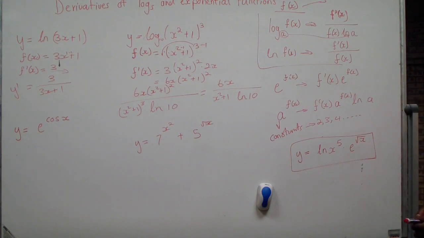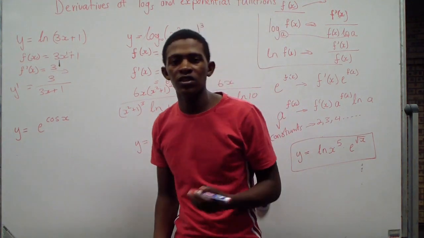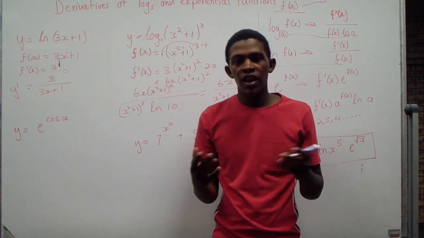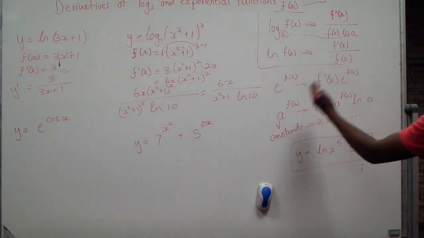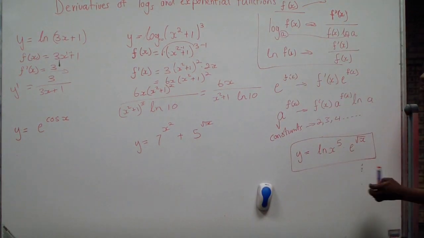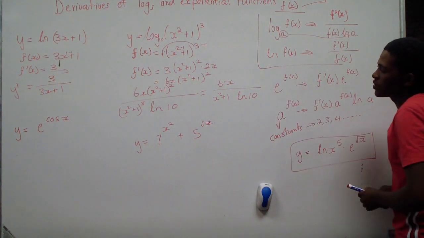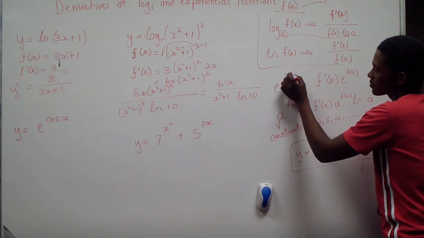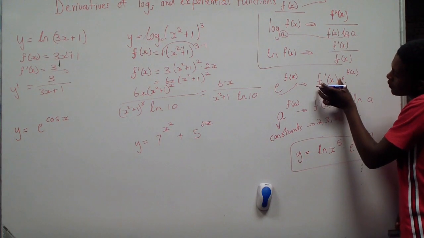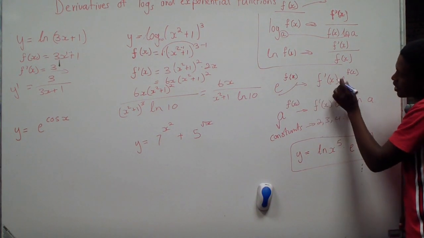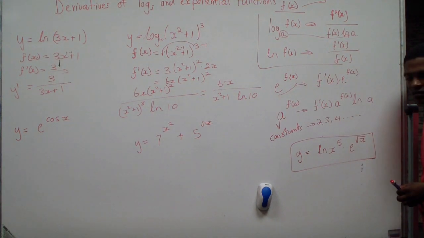Over a function. So now, coming to exponents of function or exponential functions. In order for you to derive exponential functions, you come to this. If you are having e to the power of your function, then in order for you to derive this, you need to first derive your function, then you multiply it by e and your function.